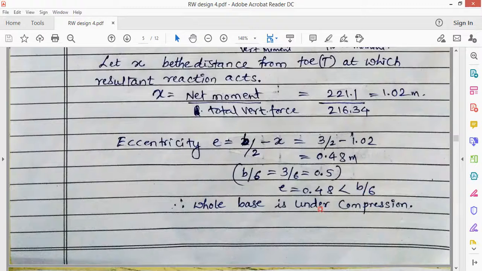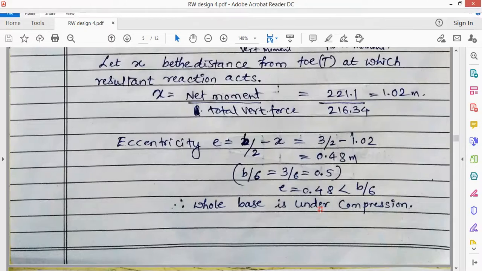What I need to check here is whether the resultant force is acting in the first third of the base slab, or the second third, or the last third part of the base slab. We say that the resultant reaction force should act in the middle third part, which means the eccentricity should be less than b by 6.